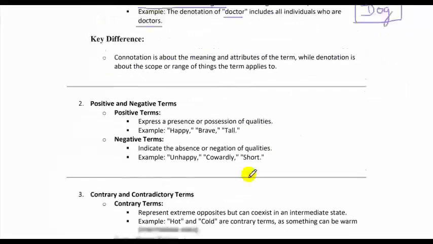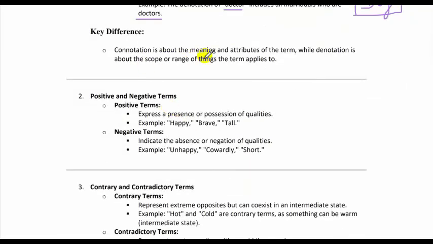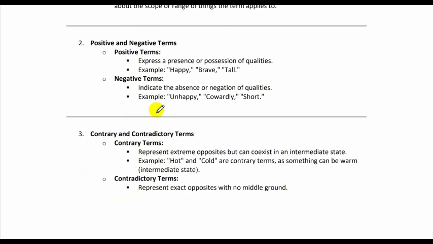Let's look at the key differences. Connotation is about the meaning or the attribute of the term, while denotation is about the scope or range of things the term applies to, like father, doctor, dogs, and so on. Now let's look at the positive and negative terms. What are positive and negative? Positive terms express a presence, that is, they affirm the presence or possession of a quality, like happy, brave, tall.